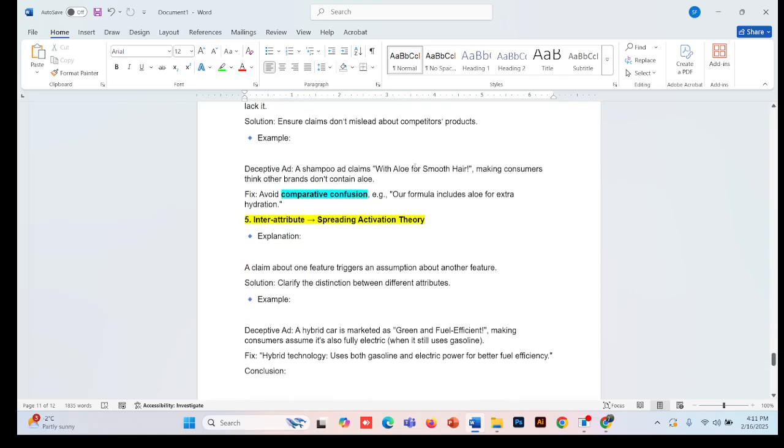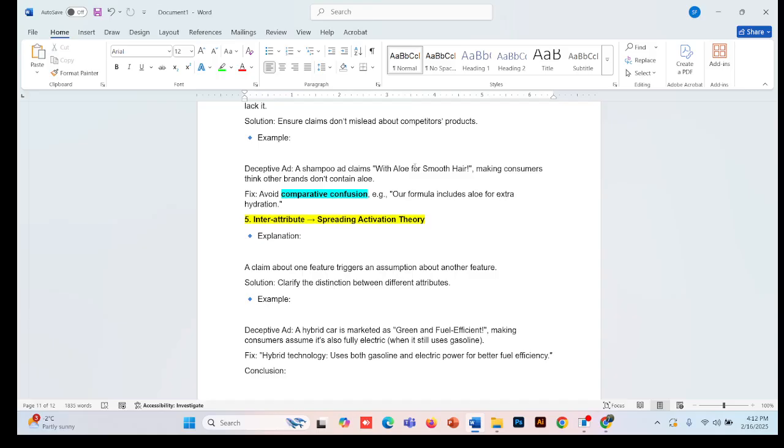Then the last one, inter-attribute or spreading activation theory. In the same way, brands highlight one feature and consumers think that it might help.